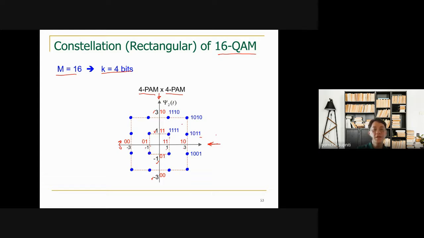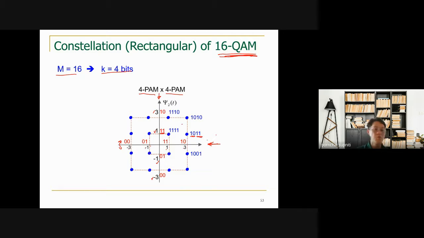So when we see these 16 symbols in 16 QAM, we can just write out the bits in each symbol as follows. For example, first we start from the horizontal axis, which is 1, 0. And then we look at the vertical axis, which is 1, 1. So we write 1, 1.